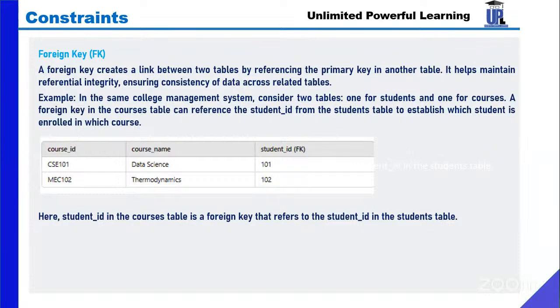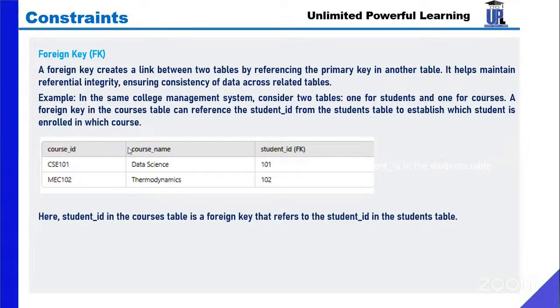Another important condition we have is foreign key. What is foreign key? Only one thing you should remember: it should be a column, or a primary key of some other table, that we are referring to here. Student ID is the primary key of the student table, and this student has enrolled in a particular course, 1001, enrolled in CSE.